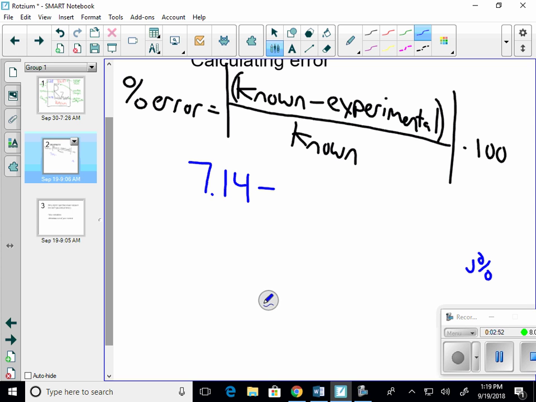Now, this is where everybody's going to be different. Well, actually, Grace and Stella are probably going to be the same because I assume that you two are partners. Go back 2 pages to where it says Day 2 density of solids and find your density value for zinc.